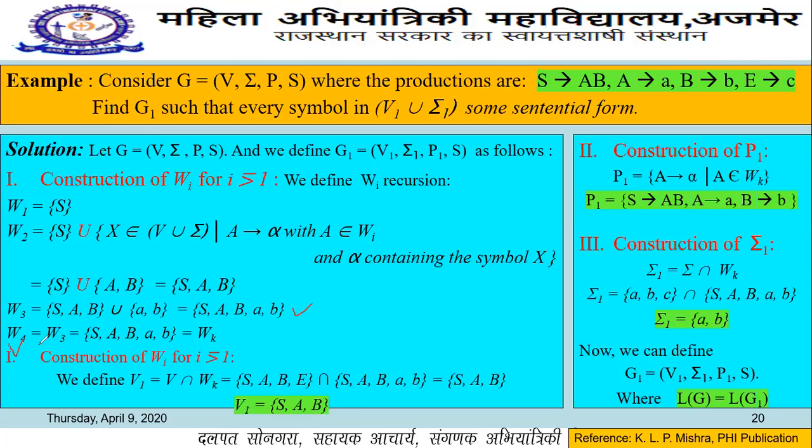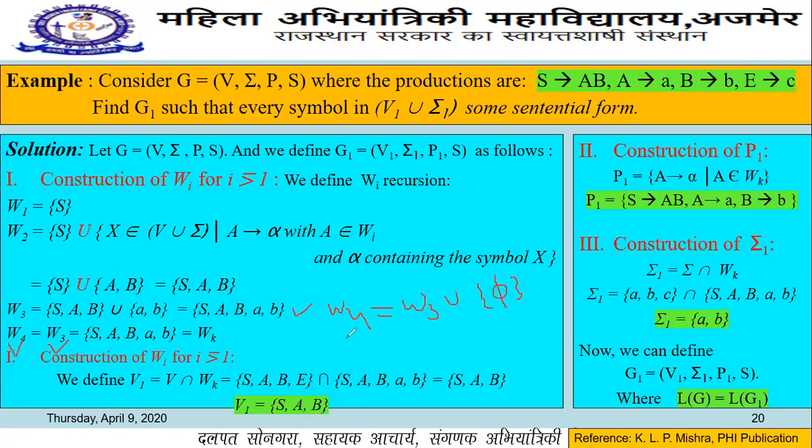When we construct this, it equals W3. You can try, you will never find anything new, because W4 is equal to W3 union with new symbols, but this is a null set.